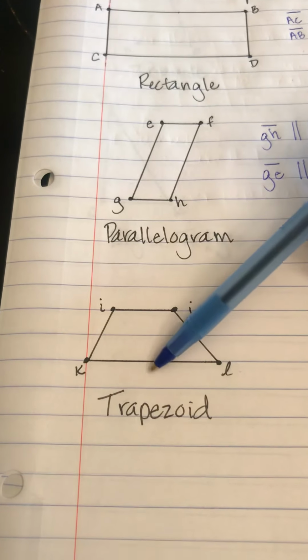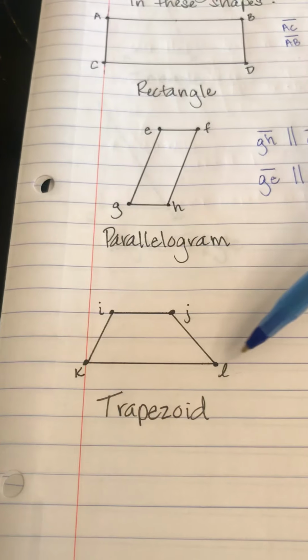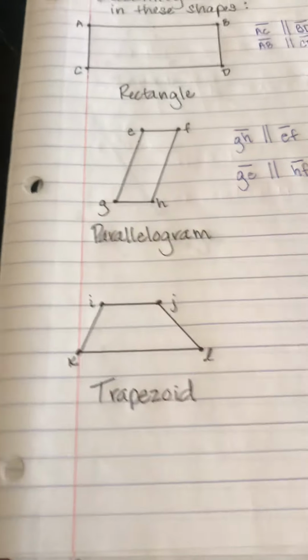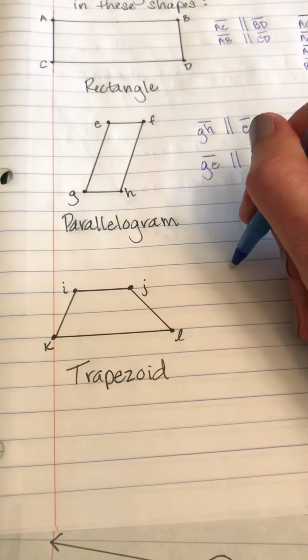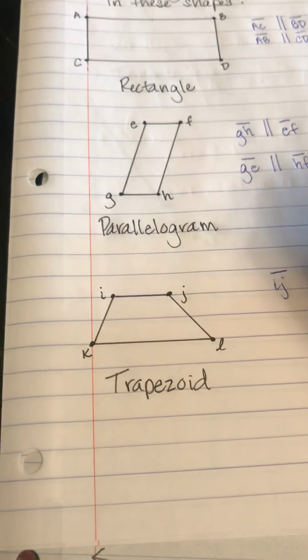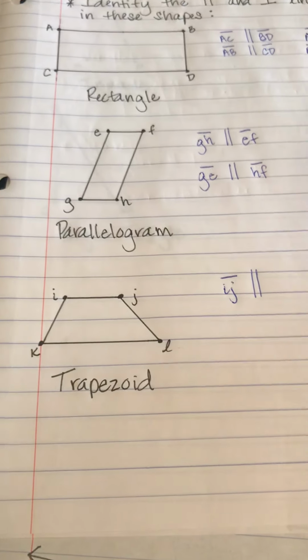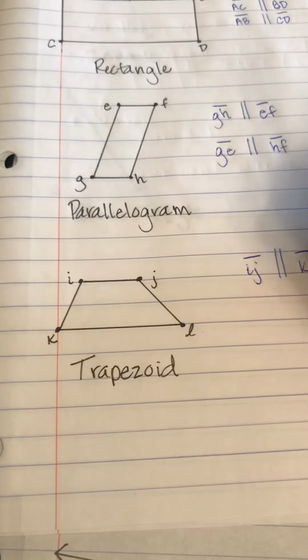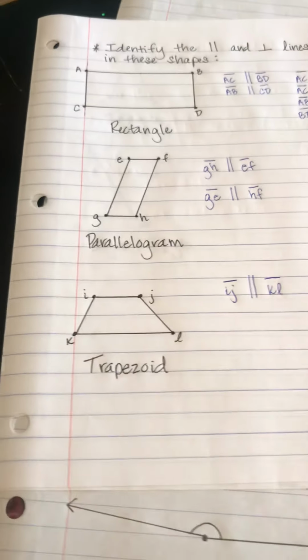So this one and this one, if you extend them, you can see that they are parallel. They would never cross. So let's jot that one down. We have line segment IJ is parallel to line segment KL. Okay, and that's it. All right, let's do another one.